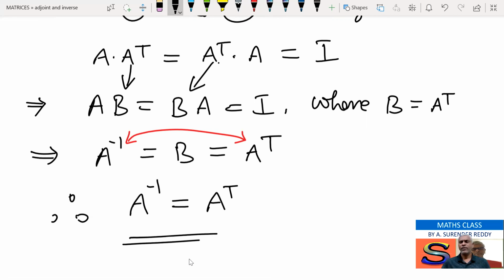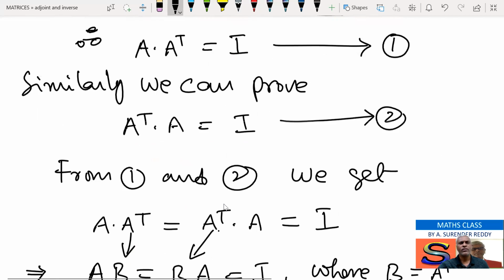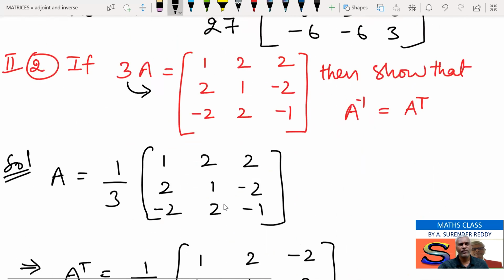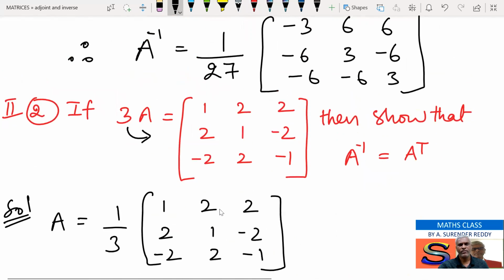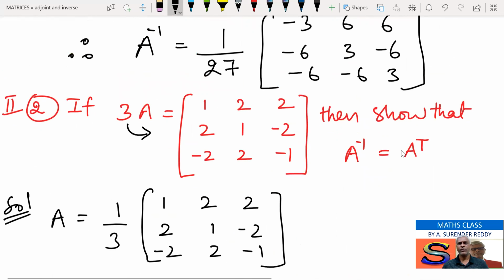So remember this one. Here, don't go for finding inverse. Here the question is, show that A inverse is equal to A transpose. Generally, we try to prove this by finding A inverse. That becomes very lengthy.